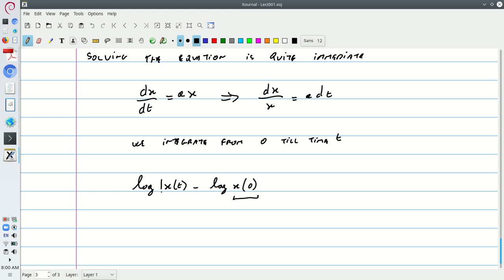Oh, of course, I should have the absolute value here, but I am under the assumption that x of t is always positive, because it represents a population.